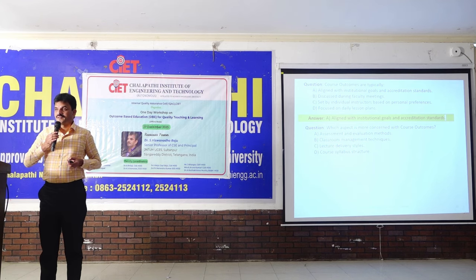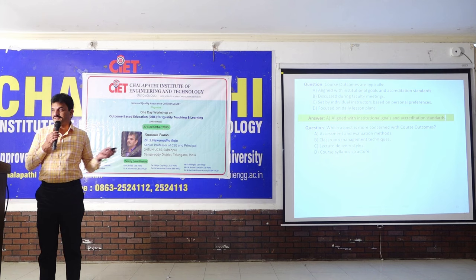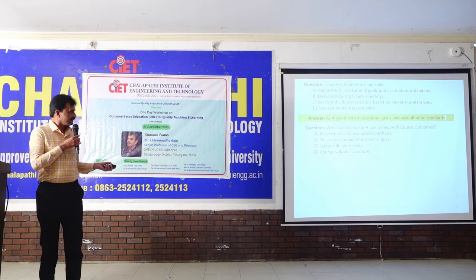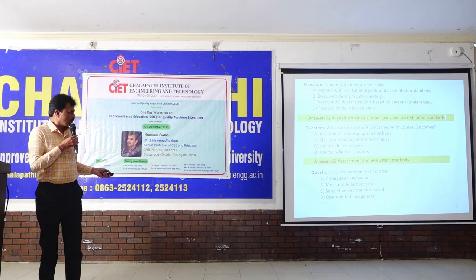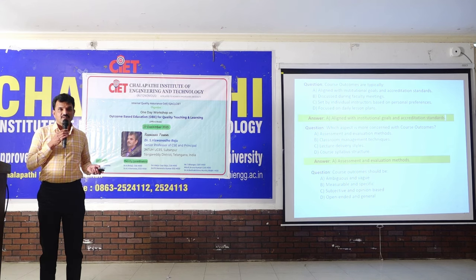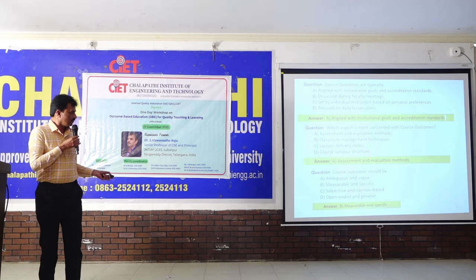In the beginning of the presentation, it was stated, this is what you see. Assessment and evaluation methods. Course outcomes should be, okay, which is the right answer? Specific and measurable.